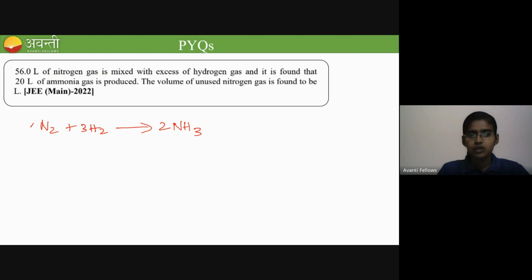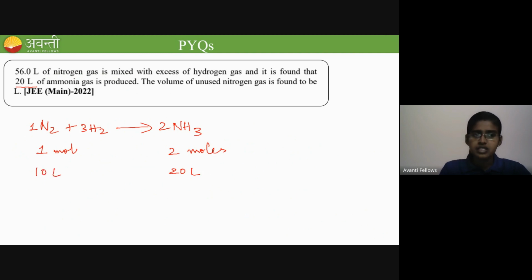Here you can see that 1 mole of nitrogen is giving 2 moles of ammonia. In the question it says that 20 liter of ammonia is produced. If I want to get 20 liter of ammonia, then 10 liter of N2 must have reacted, right?